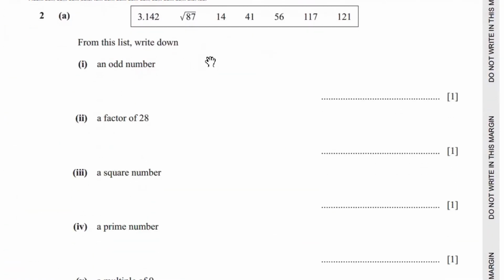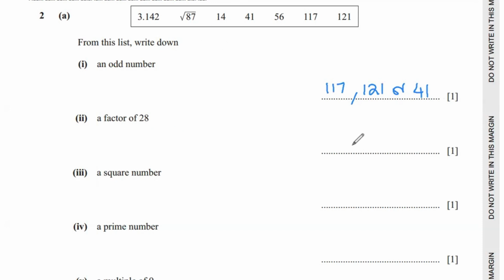Question 2 says from this list, write down an odd number. So an odd number is a number that ends with 1, 3, 5, 7 or 9, which in this case is 117, 121, or 41. Either of these is correct. Then a factor of 28.